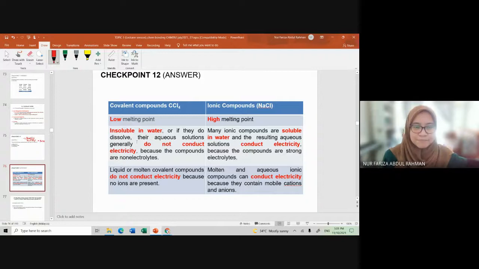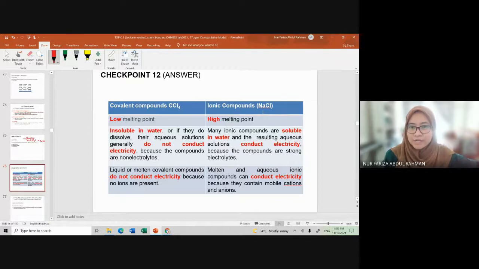Okay, thank you Syahir. Welcome. Lower melting point, high melting point, and then covalent compound is insoluble in water. Okay, ionic compound is soluble. Normally they are soluble in water. Covalent compound like CCl4 cannot conduct electricity, even though in liquid or molten, it cannot conduct electricity.